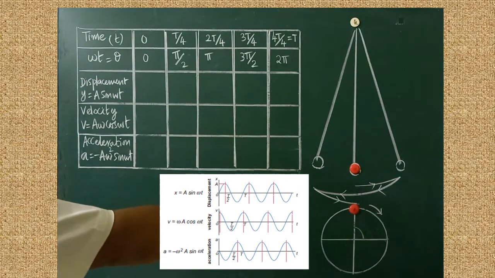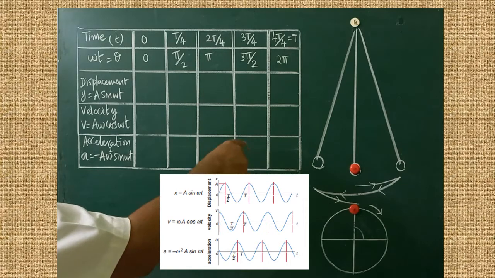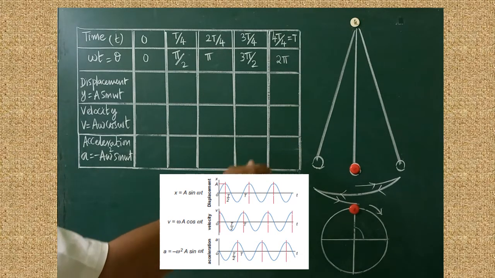Just below the pendulum diagram, I have drawn one circle. Already we have learned that when the particle moves in a circular path, if you draw the projection, that will give you the simple harmonic motion. So the particle moving in simple harmonic motion can be compared with the particle moving in the circular path.